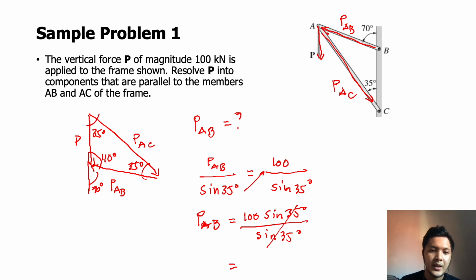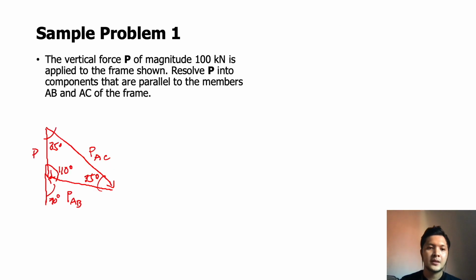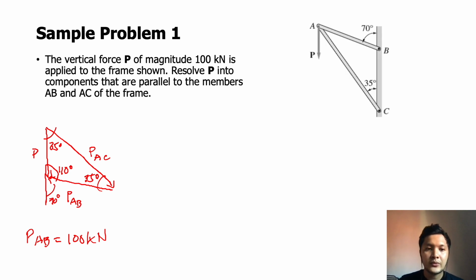Therefore, PAB is equal to 100 kilonewtons. Okay, so that's it. So we already know that PAB is equal to 100 kilonewtons.